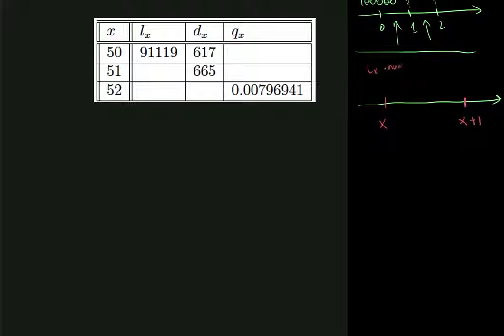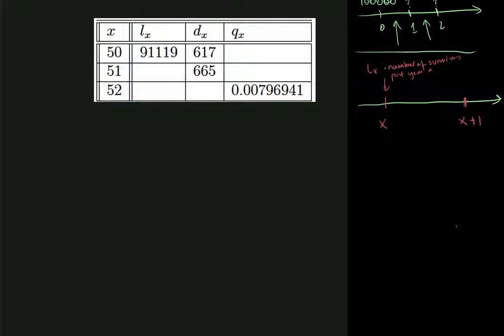So it's number of survivors past year x. Quite clearly, for each year that passes, people die, so the number of survivors dwindles, it decreases. So we're quite sure that Lx plus 1 will be smaller than Lx, and Lx plus 2 will be smaller than Lx plus 1, and so on and so on.